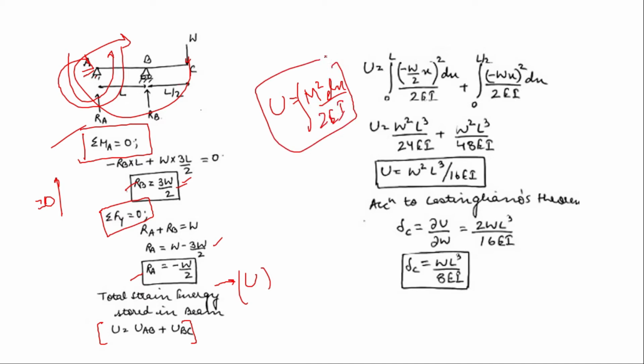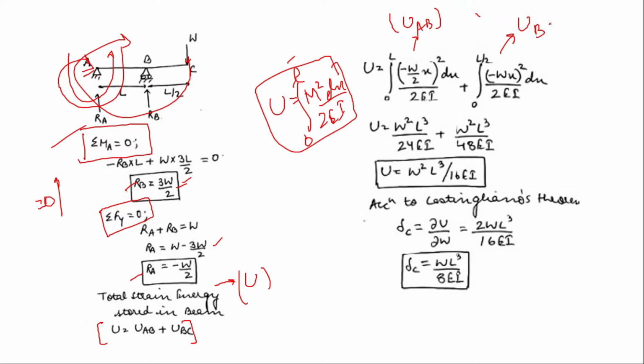This is the formula for U. We integrate from 0 to L, whatever the length is. This expression is for UAB, the strain energy stored in beam AB, and this expression is for the strain energy stored in beam BC.